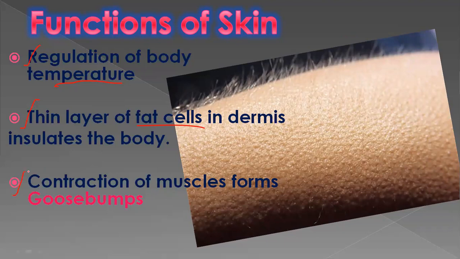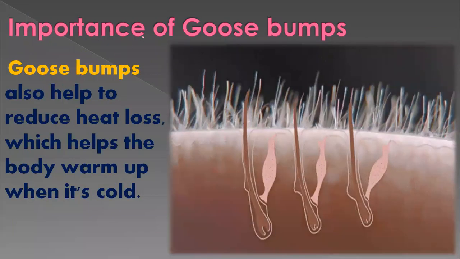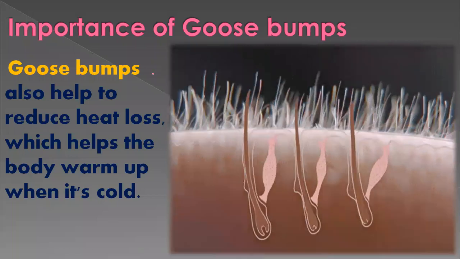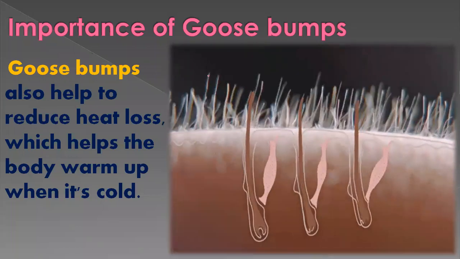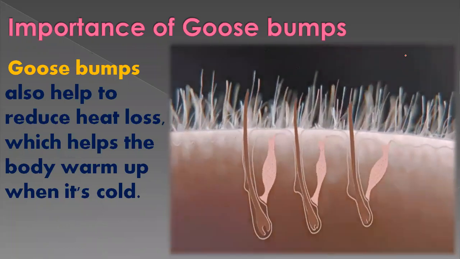Then we have contraction of muscles which forms goosebumps, and these goosebumps help to regulate the temperature in our body. Then we will see what goosebumps are and why they are important. Actually, a goose is a duck-like bird.